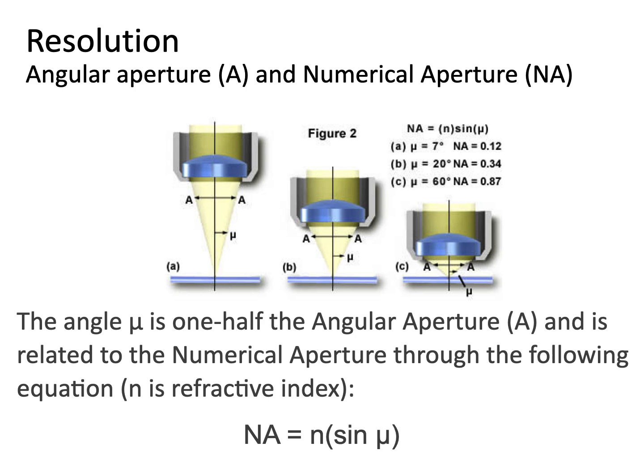Now, as you increase the objective strengths, you also increase the angle from your sample to the lens. And I think about this almost like a book opening up, right?